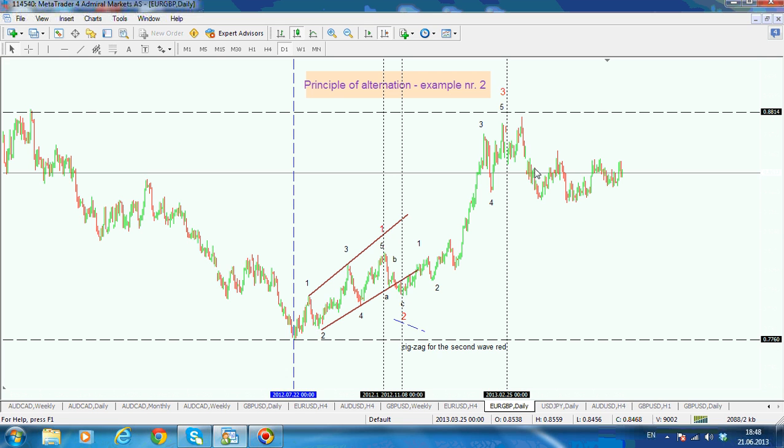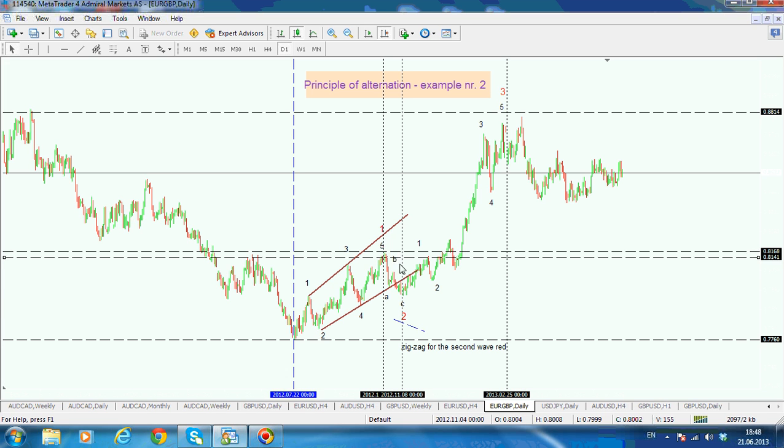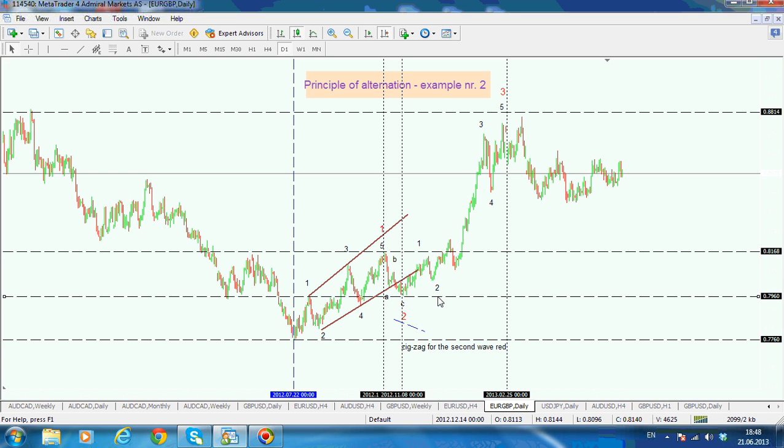Now, if price corrected here, let's try to see. This is the maximum for wave 1, so 0.8168, and the low for the second wave is 0.7960. So that is almost 200 pips for the second wave.